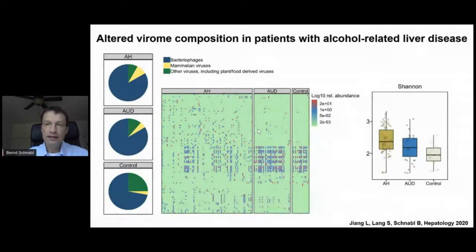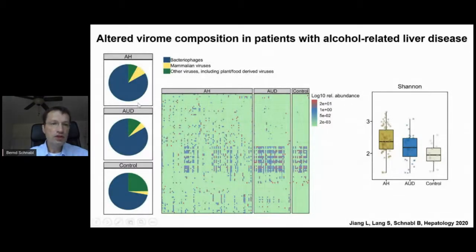When we looked at the diversity, as opposed to what you will see later on with the fungal diversity and bacterial diversity, the viral diversity, in fact, decreases in the controls. So in other words, in alcoholic hepatitis patients, we have the highest viral diversity of all of these three groups.